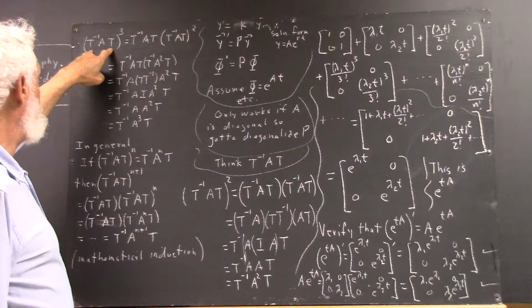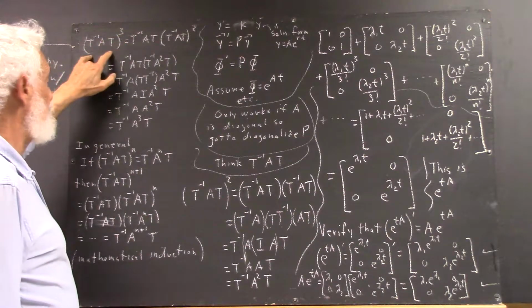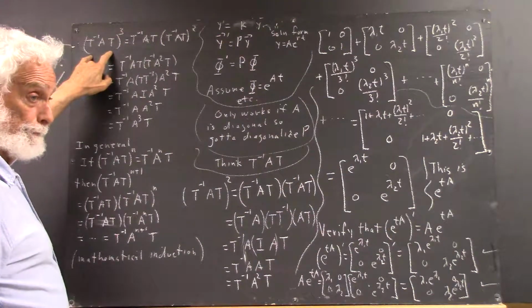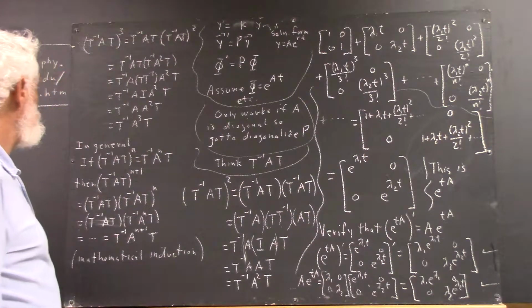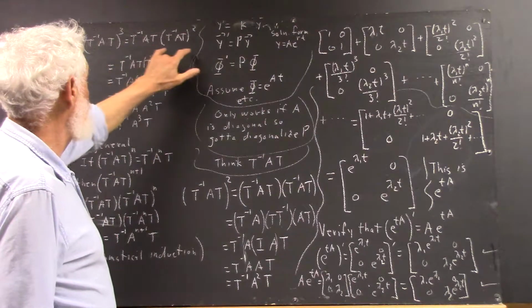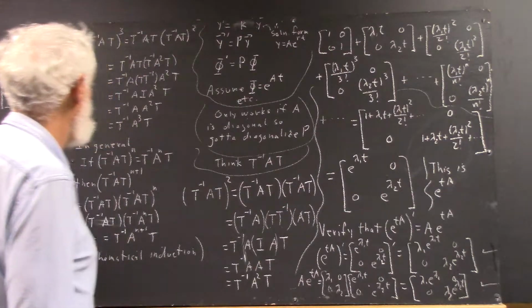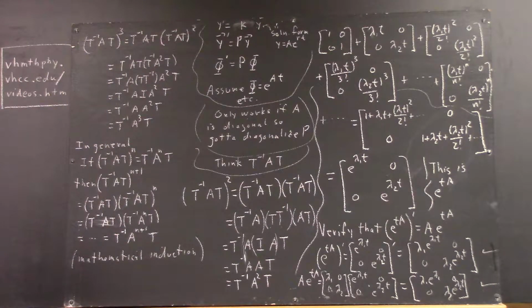Okay. Now, what do we get if we cube T inverse AT? Well, one way of writing out what we get is T inverse AT times T inverse AT quantity squared. Okay? Well, let's see.